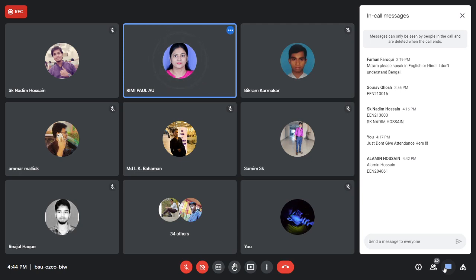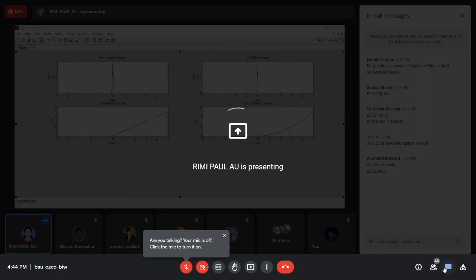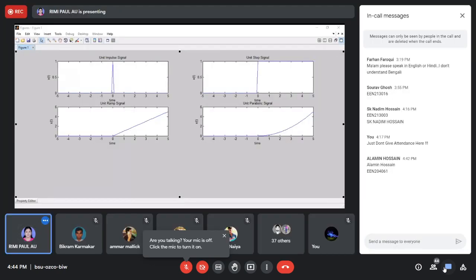Can you see figure properties? So you can see that figure is written here.